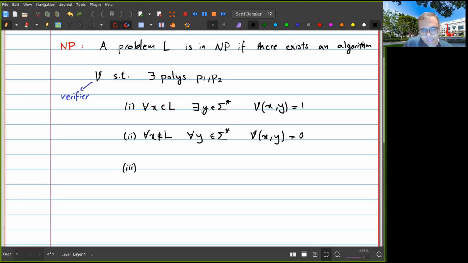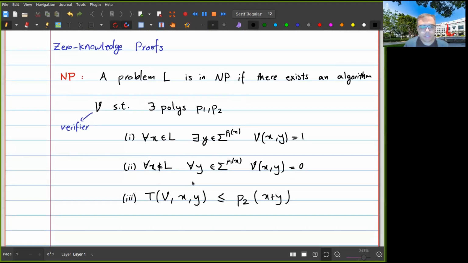And then I say the length of my proof has to be at most P1 of the length of X. And then I want to also have a condition that the runtime of my algorithm, so if I run my verifier on X and Y, the runtime is at most P2 of the length of X plus the length of Y.